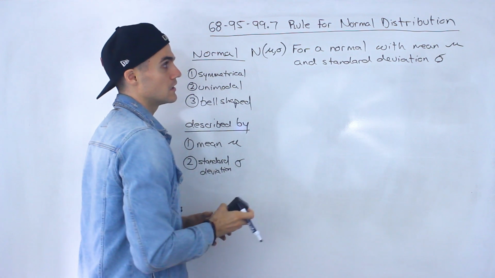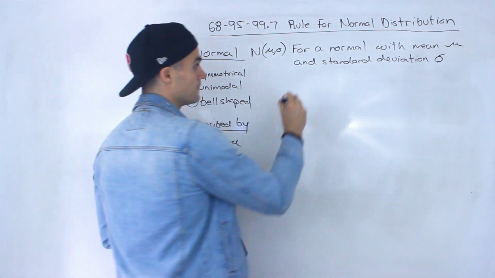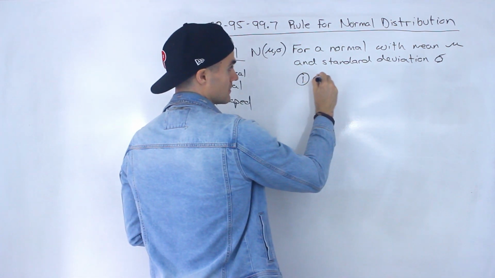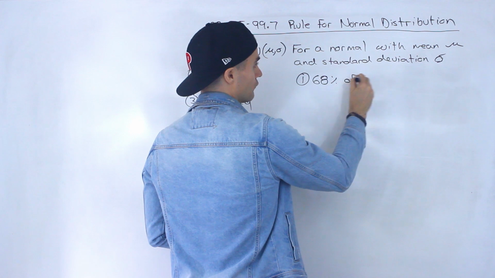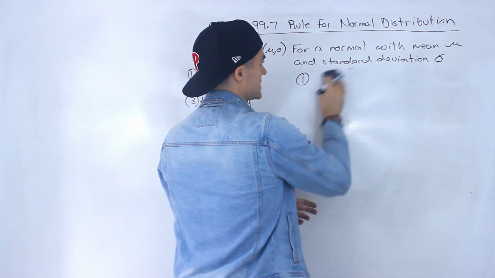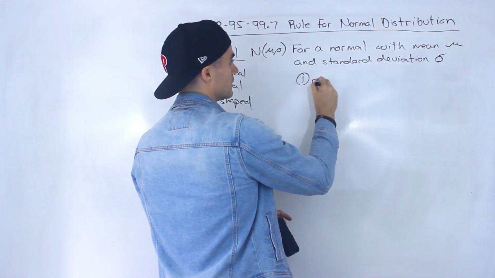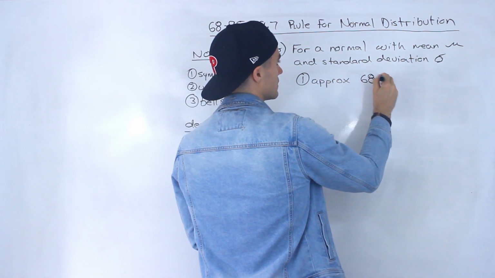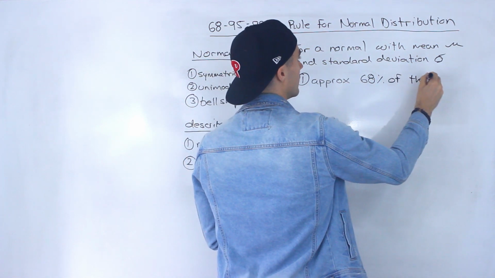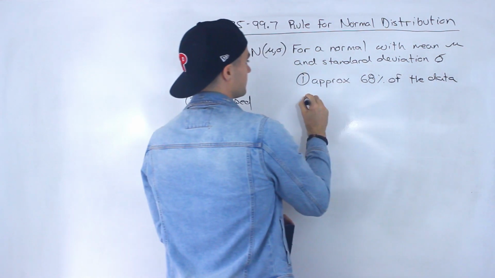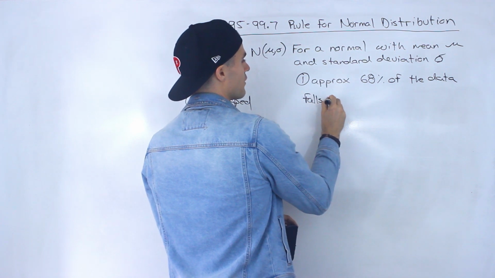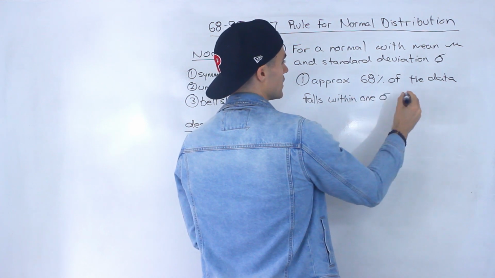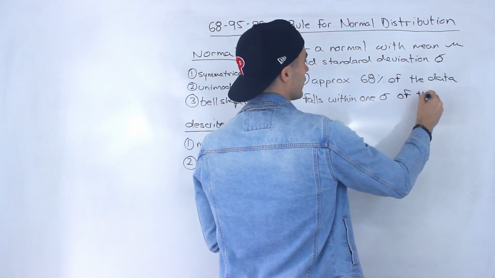So for a normal with a mean mu and standard deviation sigma, the first case is that 68% of the data, actually, you know what? It's not always exactly 68, it's approximate. Very close approximation though. Approximately 68% of the data falls within one standard deviation of the mean.